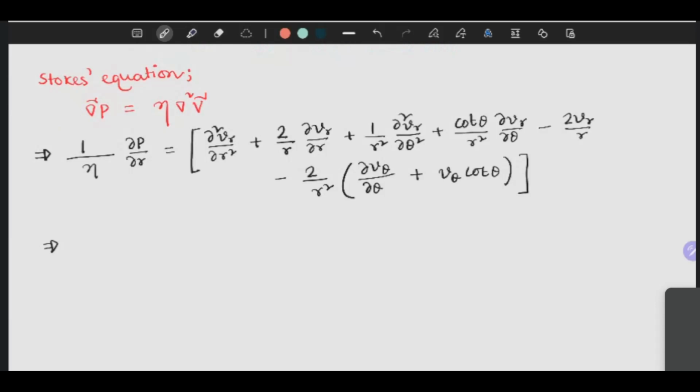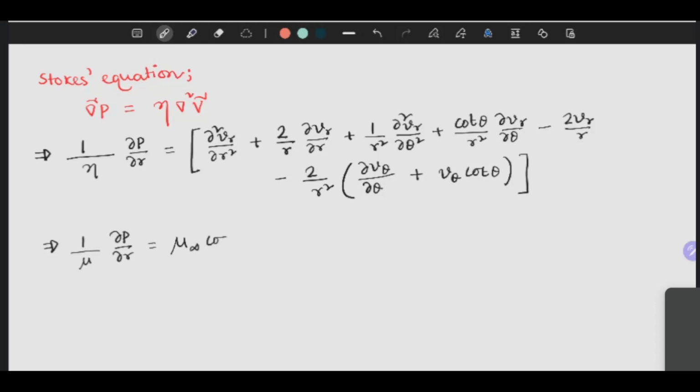So the only thing that remains is del p del r. 1 by mu del p del r is equal to mu infinity.